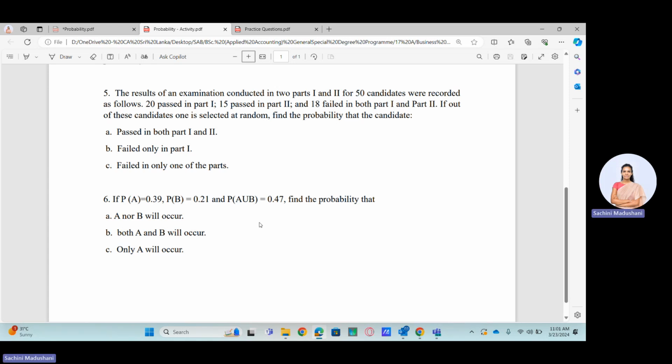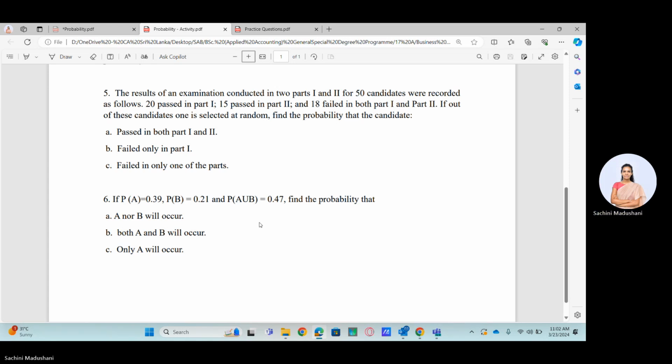29 over 50. Theoretically we can write one part as A intersection B dash plus A dash intersection B. This means A only, this means B only. Then A only is 17 over 50, B only is 12 over 50, total 29 over 50. Is it clear?